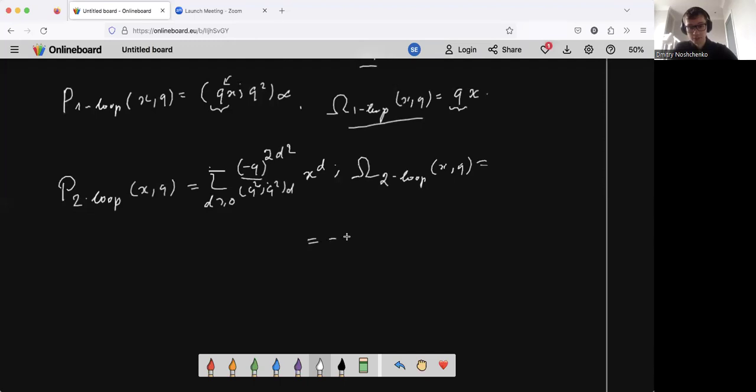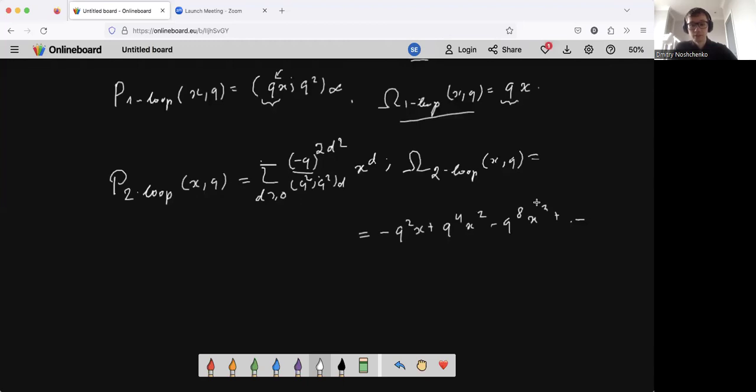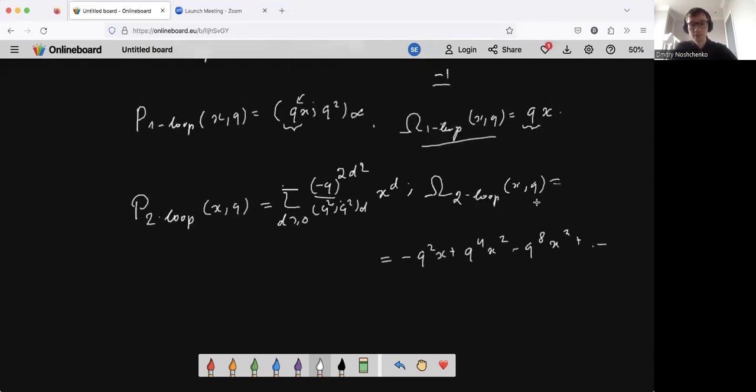It starts like minus q squared x plus, I'll just write a few terms, q to the 4 x squared minus q to the 8 x cubed plus some other terms. So in fact this does not sum to a finite expression, and this series does not terminate.